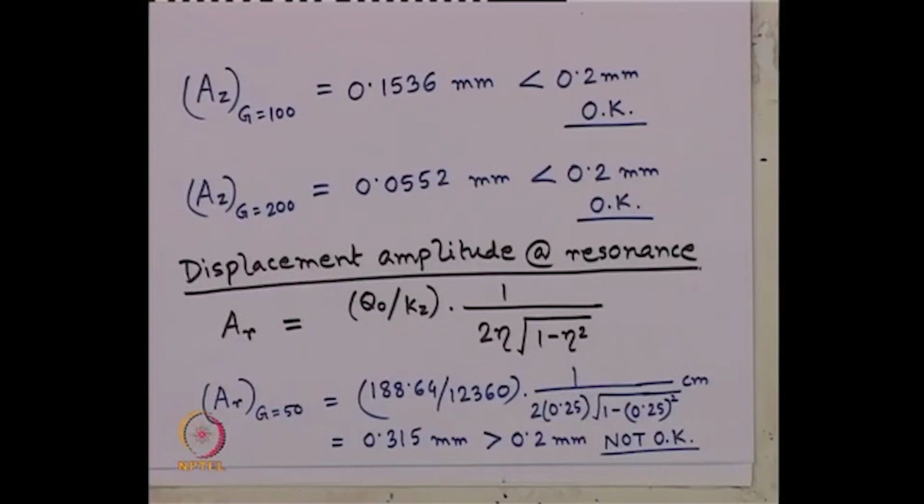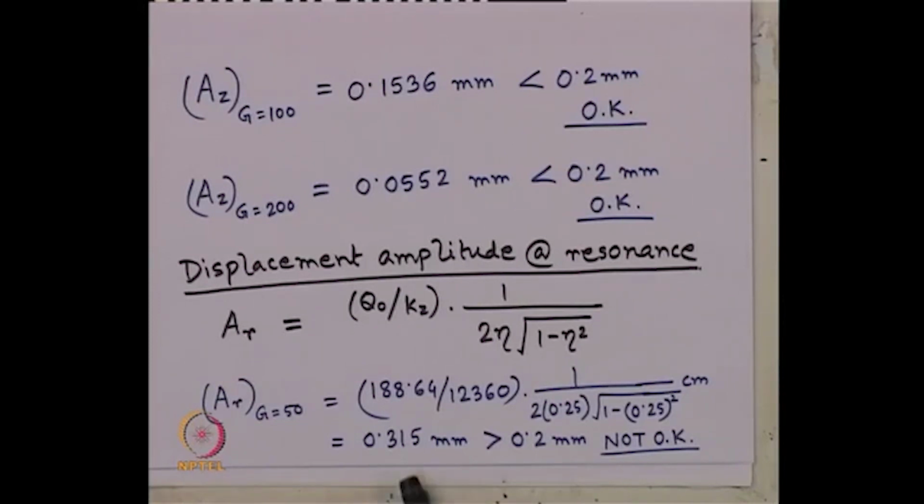Because by chance, as I said in previous lecture also, for machine foundations we cannot take any risk. By chance, if any condition similar to resonance arises, in that case what is our maximum displacement amplitude? That also it is better if we cross check.